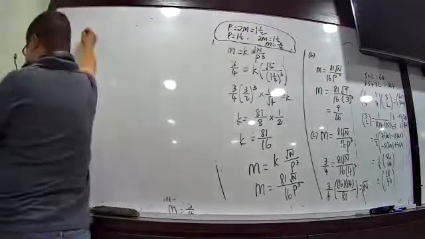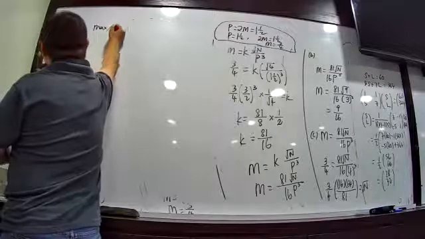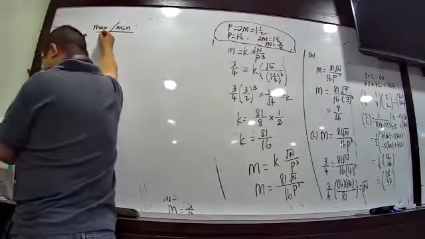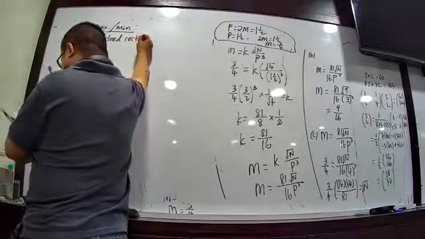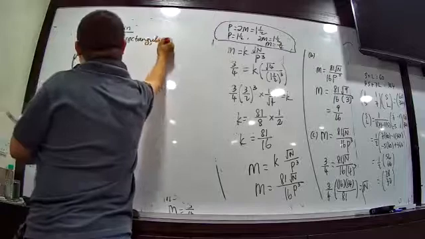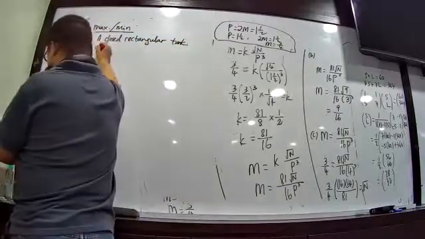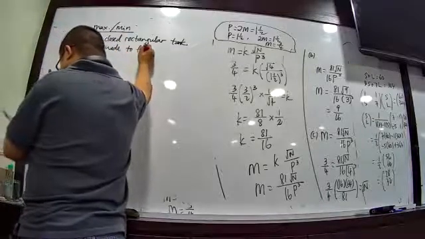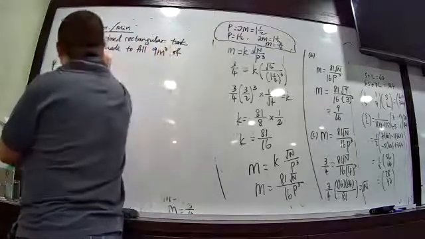So example. Okay, we focus on the maximum and the minimum. So example, I will give you a closed rectangular tank. So it's made to fill 9 meter cube of water.